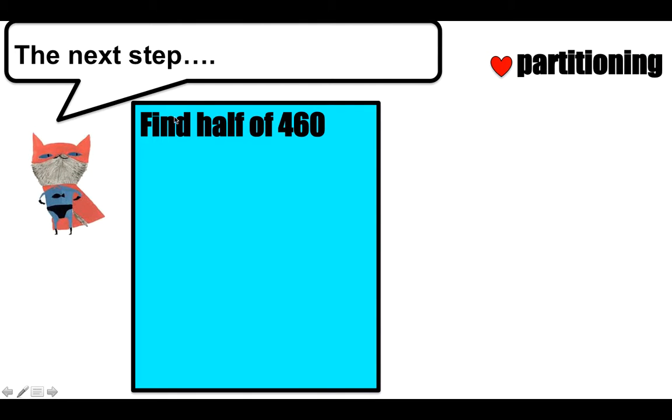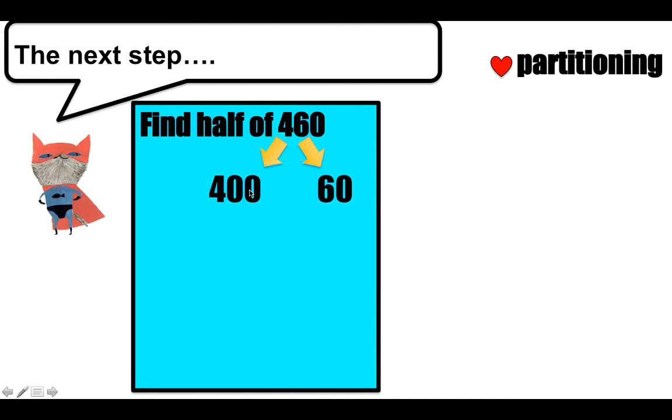So what if someone asks me to find half of 460? Well, we can partition 460 into two parts. This is something that we've been practicing as well. Partitioning is a great strategy to making numbers easy to work with. So in this case, 460 becomes 400 and 60.